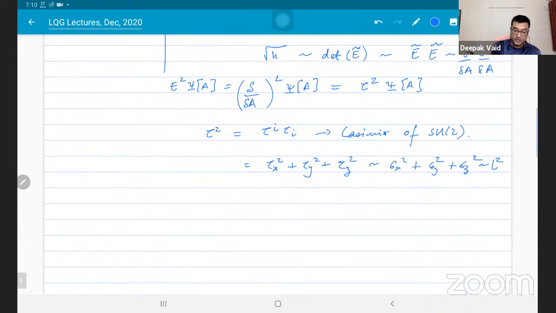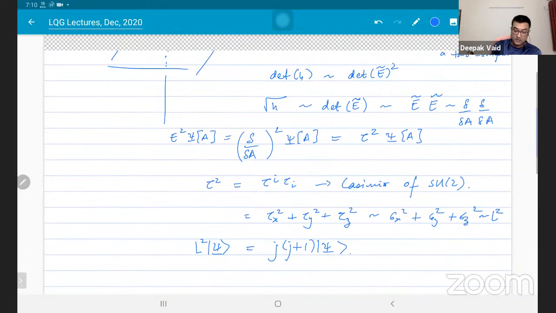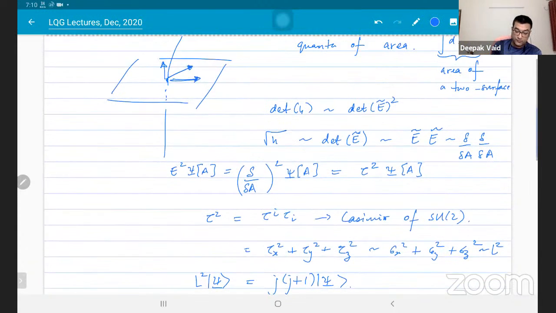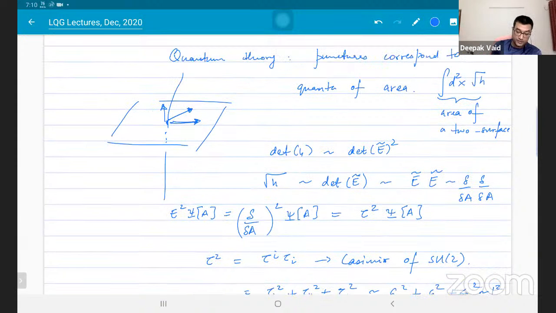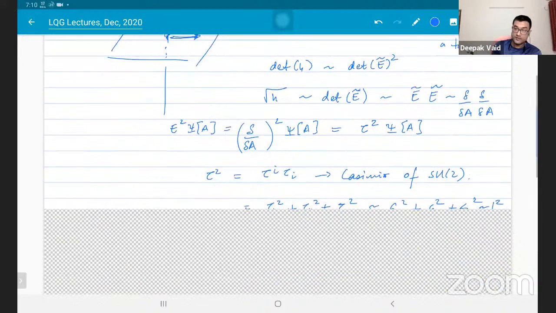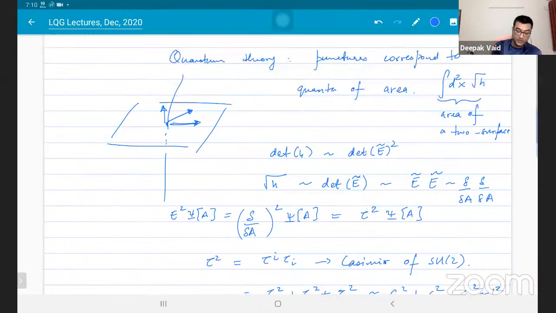So the eigenvalues of this operator are well known: they go as j times (j plus 1). So in the quantum theory, you can define this area operator, and it associates with each puncture a single quantum of area.